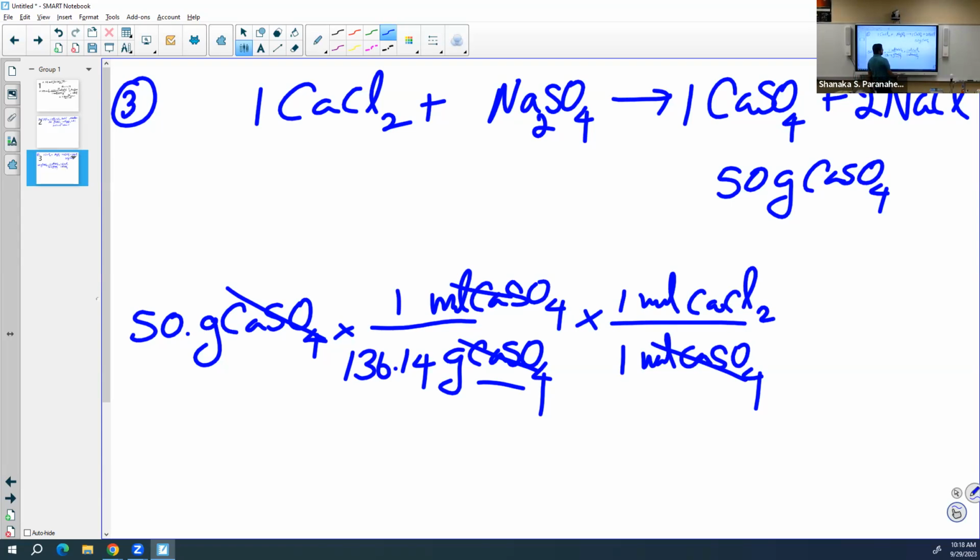This cancels out. So now we have moles of calcium chloride. So we can convert moles of calcium chloride into grams. 1 mole of calcium chloride equals how many grams of calcium chloride? So molar mass of calcium chloride is given. So you have excess details. So you don't need to use all those numbers. So you have molar masses of all those 4 compounds. Use the required ones.